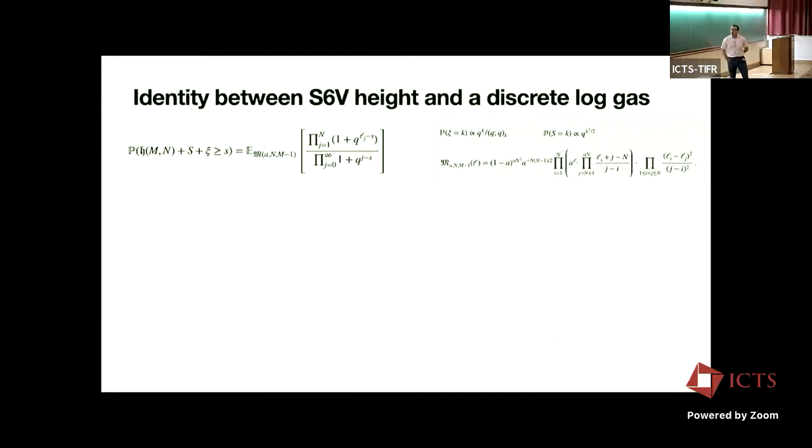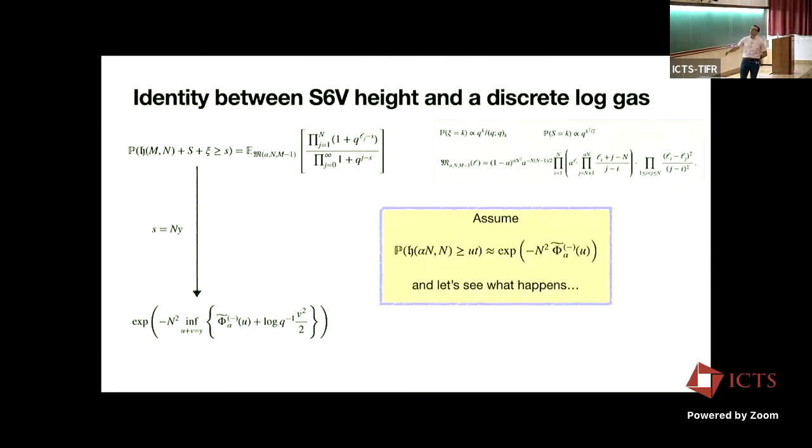Okay, so we have this identity, and we are going to use this identity to derive a large deviation principle. First, how do we do it? First, let's consider the left-hand side. The left-hand side is a probability of a sum of random variables, but we can express this probability as a sum, well, there will be two components, one caused by the height function, and one caused by this additional independent random shift.